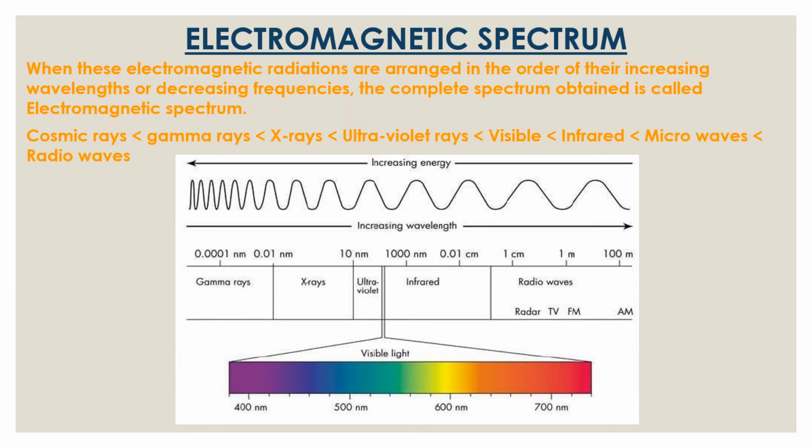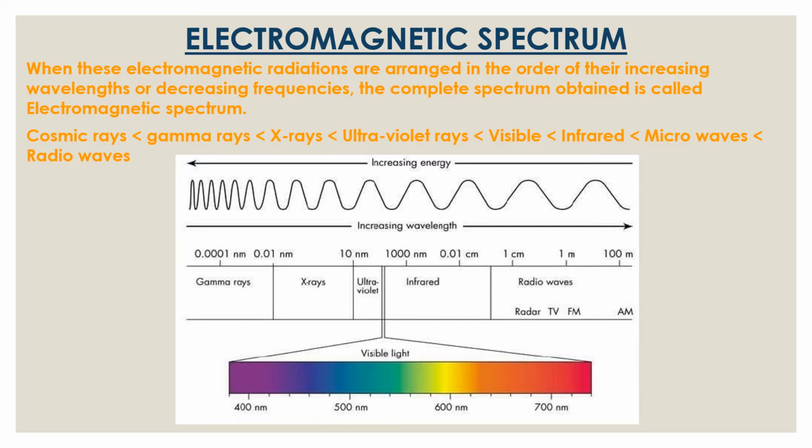Now the electromagnetic spectrum. After this we will discuss one question as well. So, electromagnetic spectrum first of all. The different types of electromagnetic radiations differ only in their wavelengths and hence frequencies. Their wavelength increases in the following order.